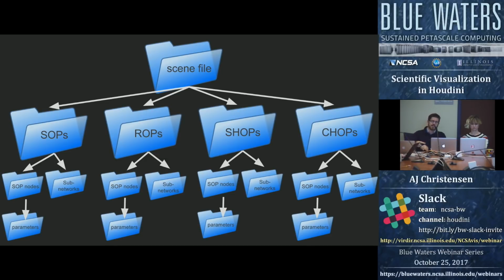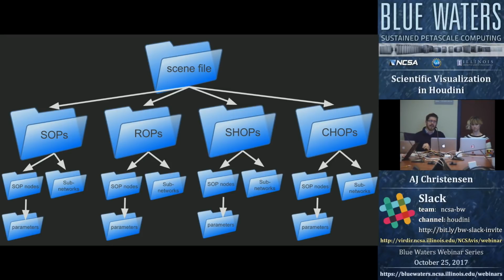And then inside of each of these contexts, you start dropping nodes. So a SOP node is a surface operator node. And inside that surface operator node is a series of parameters that describe what a primitive sphere looks like, or how you're transforming an object.